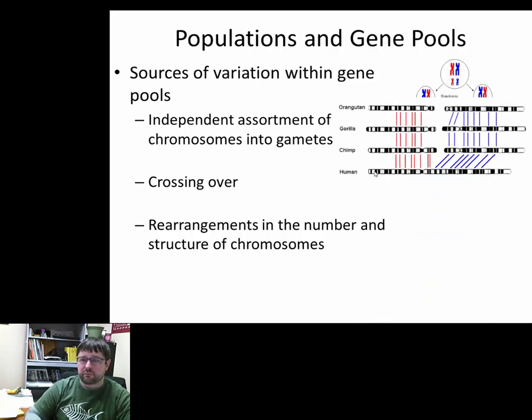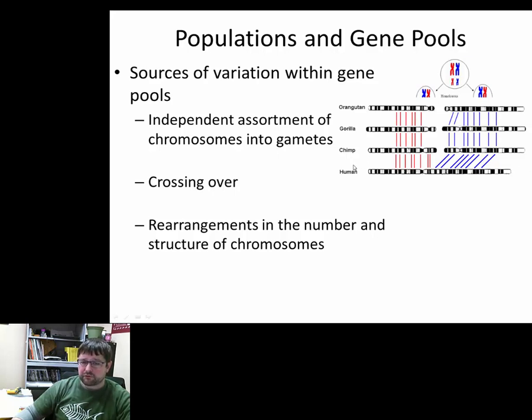In other words, what you should find is that orangutans, gorillas, and chimpanzees are all nearly identical to each other, maybe a single gene or two different between gorillas and chimps. But if you examine our chromosomes, we have a chromosome, chromosome number 2, that has the same genes that chimps, gorillas, and orangutans have on their chromosomes number 2 and 3.